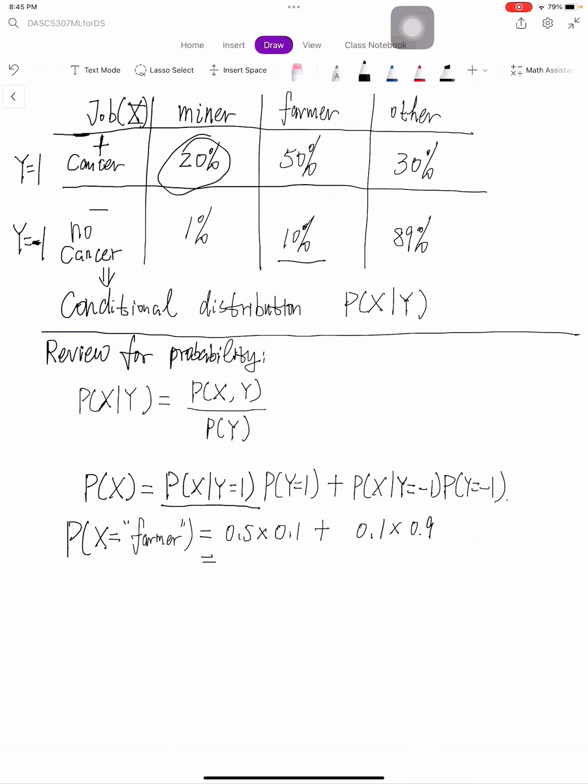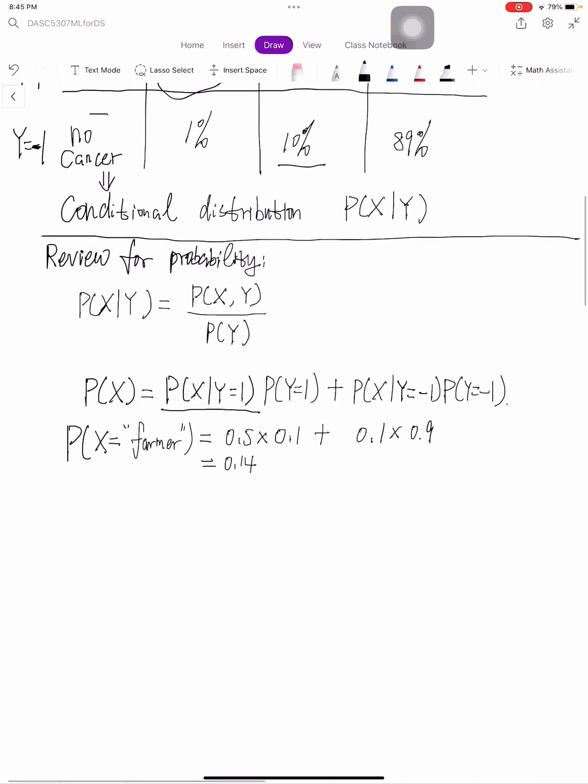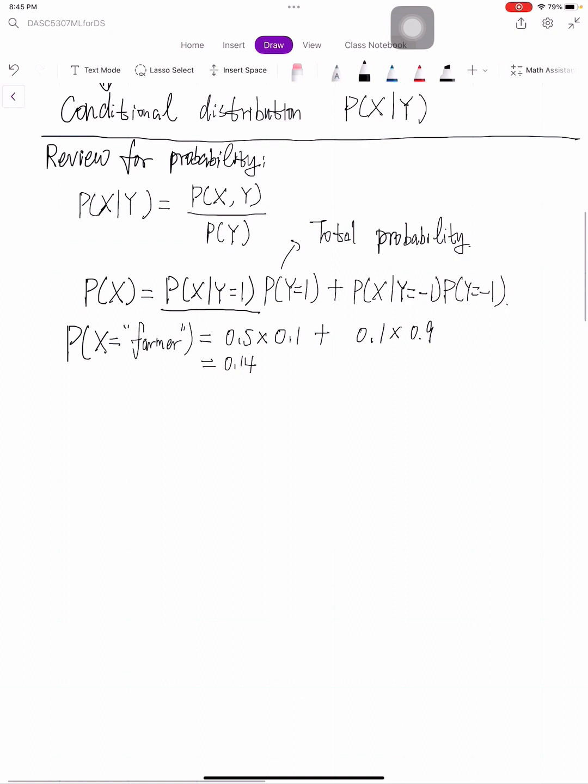After you calculate this, the probability you get is 0.14. This is called the law of total probability. Based on this information, we can say about 14% of the whole population are farmers.